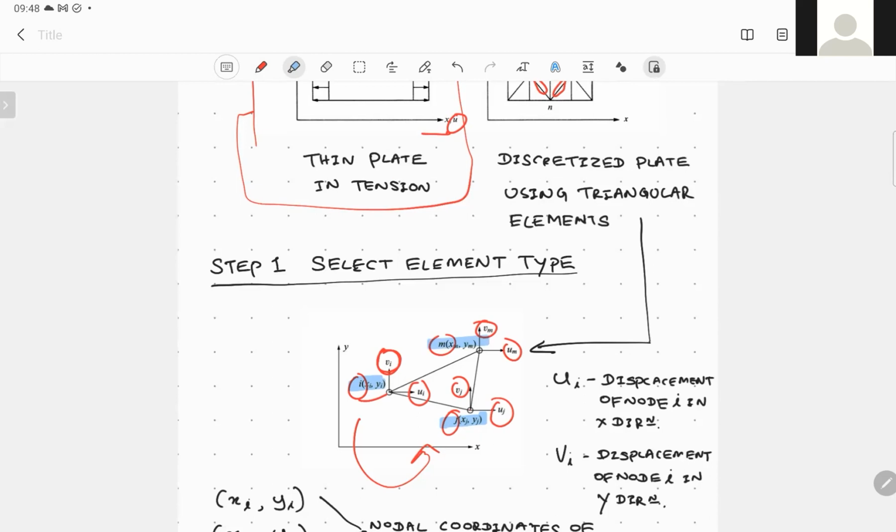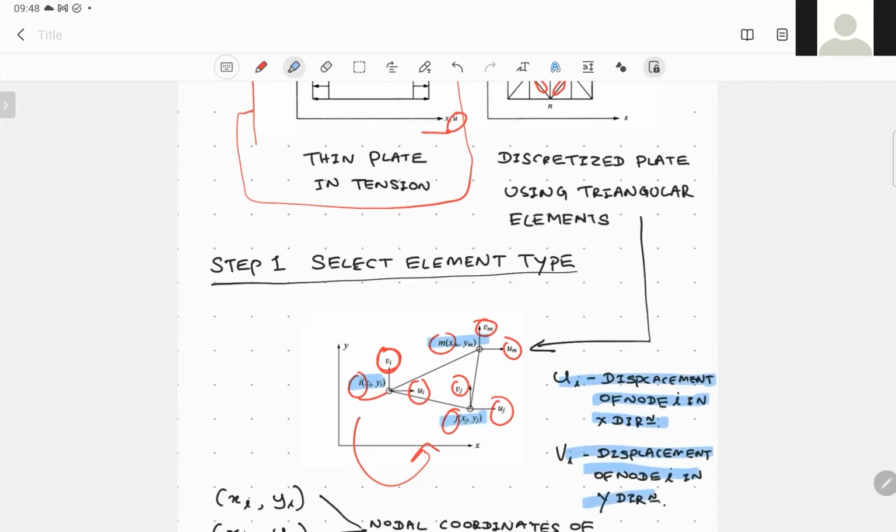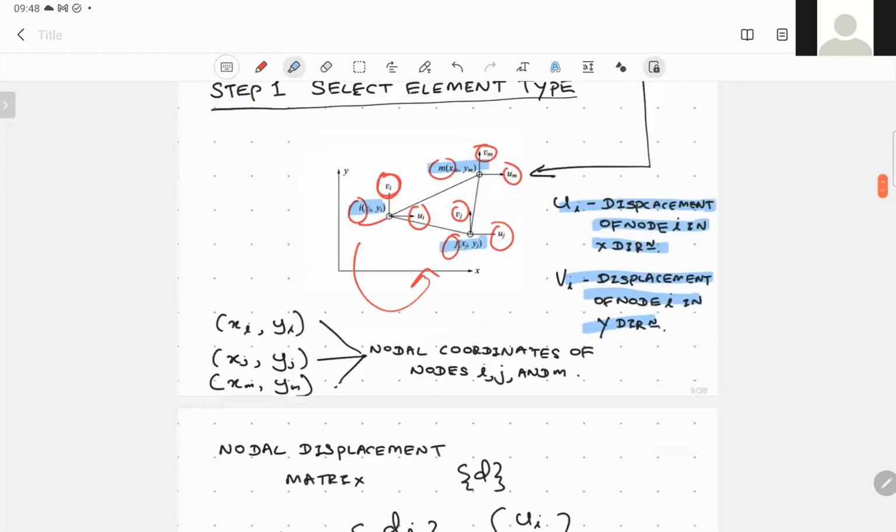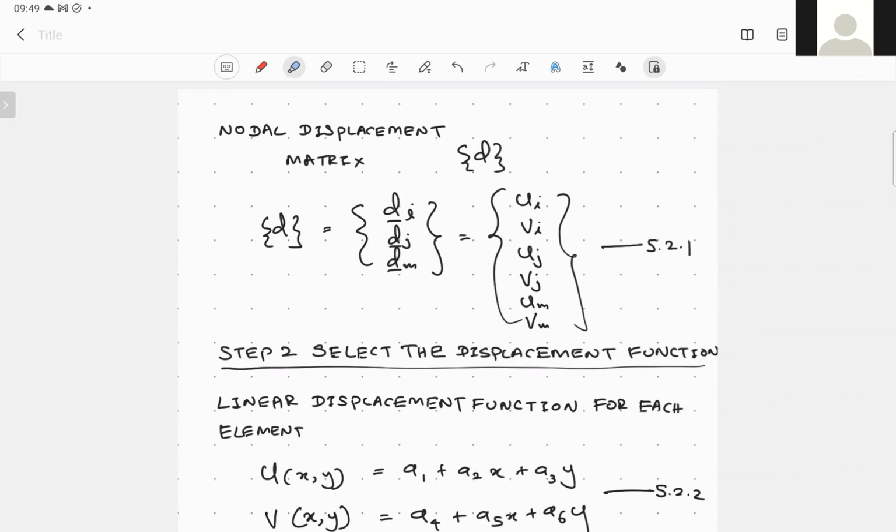So we have placed all the necessary notations to describe the displacements of each node in x direction and y direction, as well as the nodal coordinates of I, J, and M. And of course, we have used the counterclockwise notation to define the triangular element. Then the next step is we have to define a displacement function.